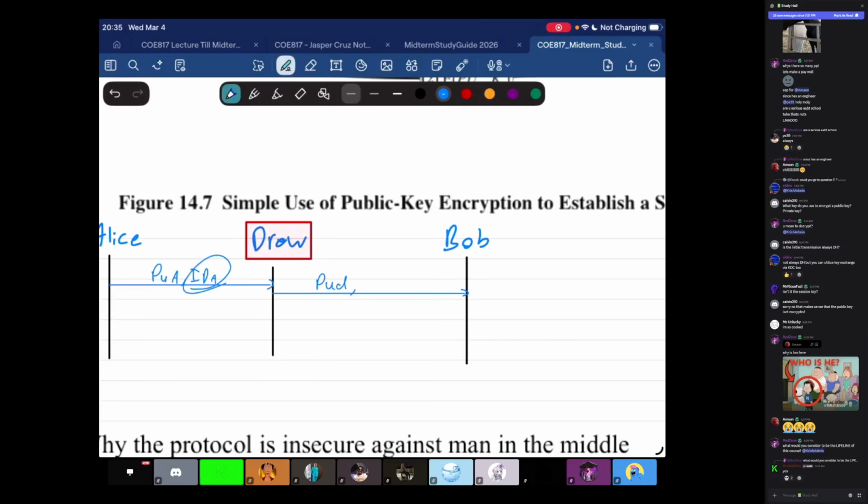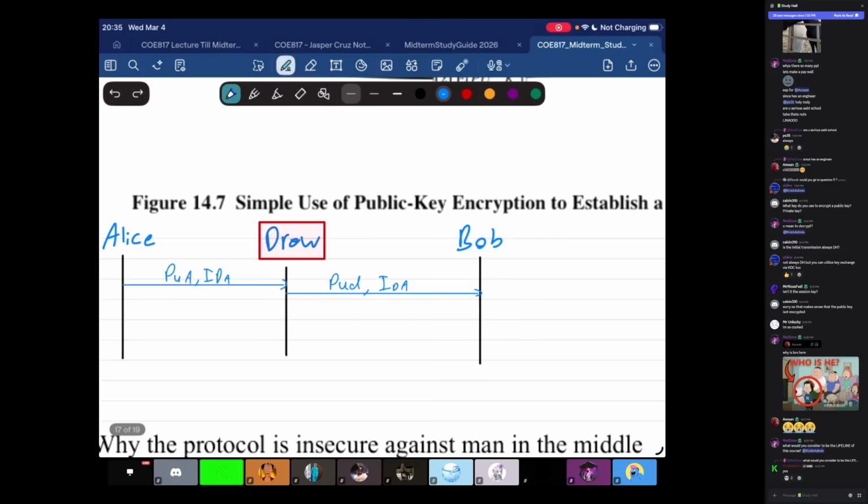But since it has A's ID, it will send over ID of A, because Bob thinks he wants to communicate with A. So it's impersonating A, but using its own public key, so only Drew can decrypt any messages that use its public key.